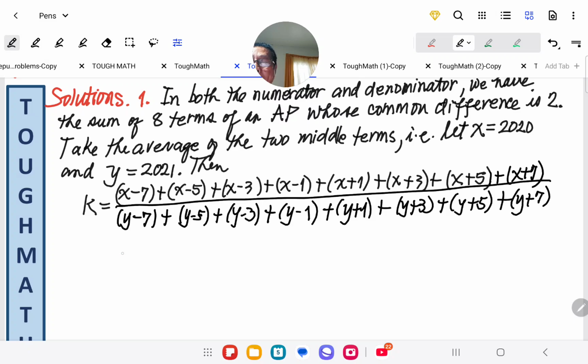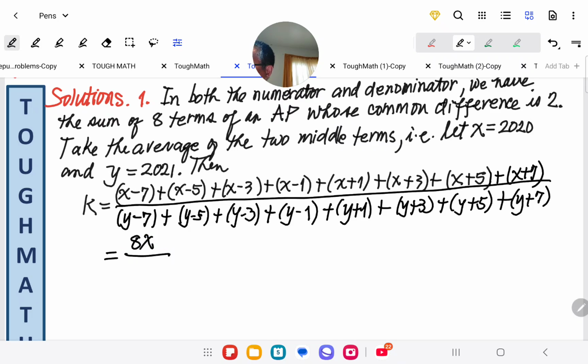Okay. And so all the constants disappear because for every constant that appears here, its negative also appears there. For example, 7, but you also have negative 7. And since there are 8 terms, this is now equal to 8x.